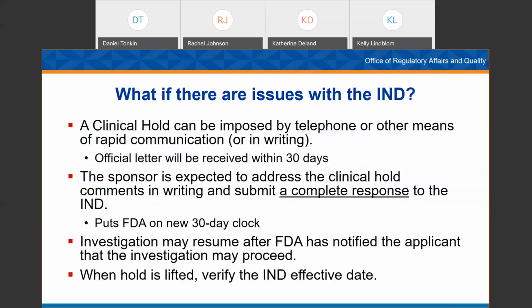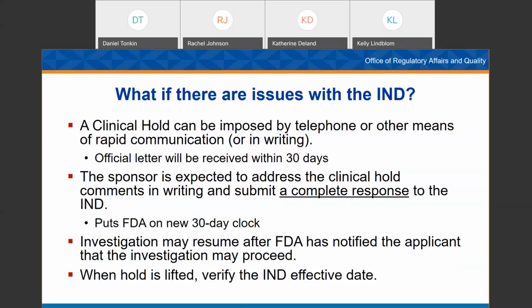So when a clinical hold has been placed, FDA will notify the sponsor of the clinical hold through some rapid means of communication. They will also receive an official letter within 30 days. And this letter from FDA will explicitly state why the clinical hold was placed and exactly what information needs to be provided to FDA in order to get off clinical hold.